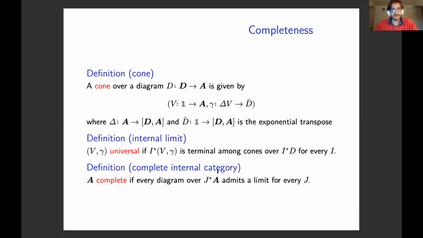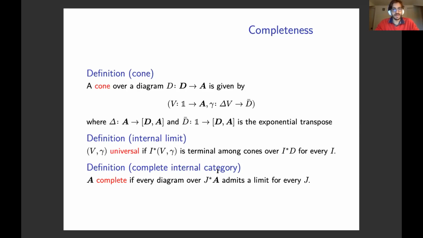We need the Cartesian closed structure to define this, because we need the exponential transpose of the diagram. We also need a delta functor that intuitively takes an object of A and returns the constant functor on that object. But otherwise, if we forget for a moment about being in the internal context, this is the usual definition of a cone. Where things get tricky is the definition of limit.